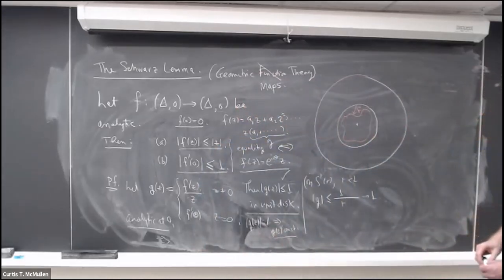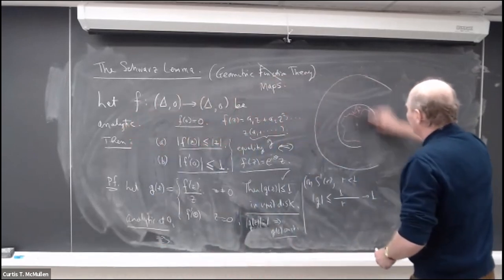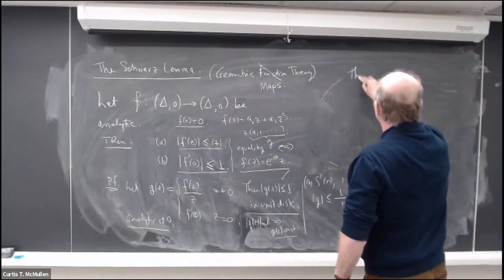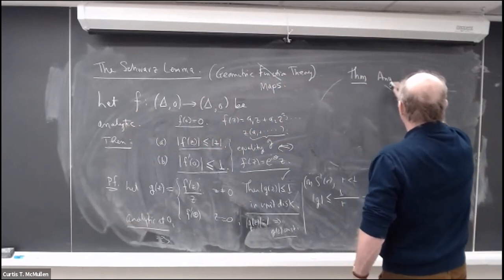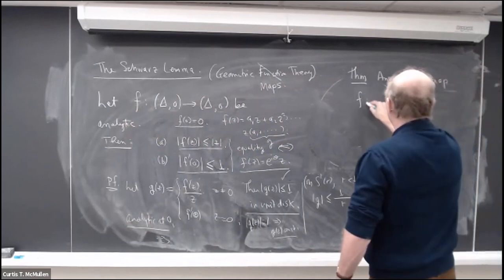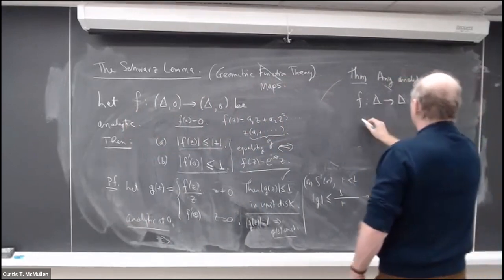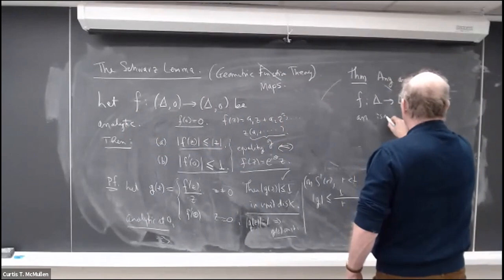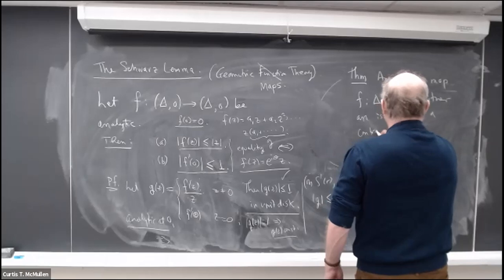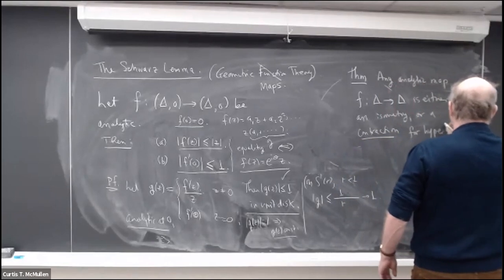Okay, I've got a little bit over, so let me just finish by stating the Schwarz lemma in its modern form that uses the metrics we mentioned. The theorem is: any analytic map f from the unit disk to itself is either an isometry or a contraction for the hyperbolic metric.